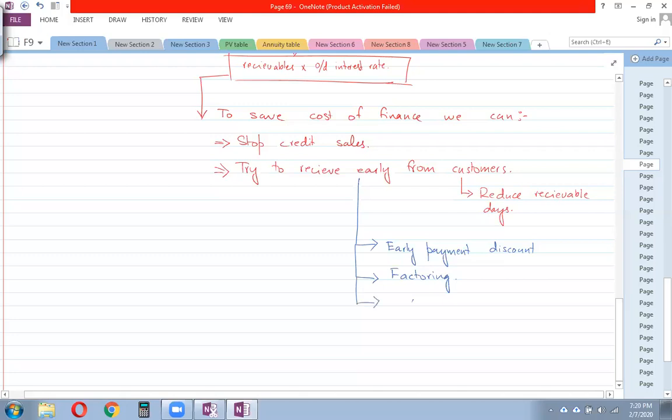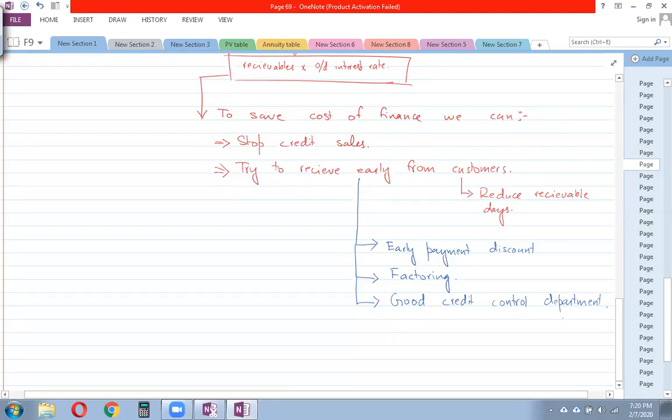You can also have a good credit control department, right? Like when the amount is due, they'll start calling everyone, look guys, you have to pay us money, right? Today is, let's say 15th, you're supposed to pay on 15th and you haven't paid yet, right? So of course, it will encourage the customers at least to pay on time and not delay it, right?